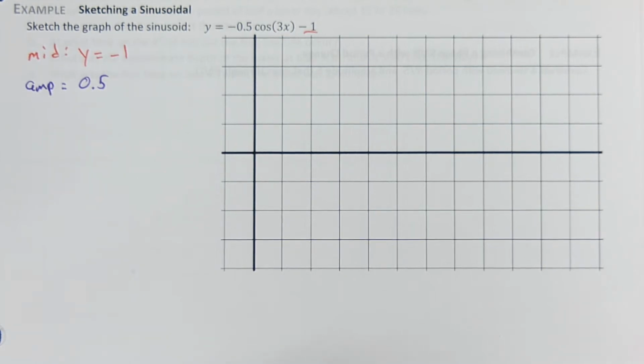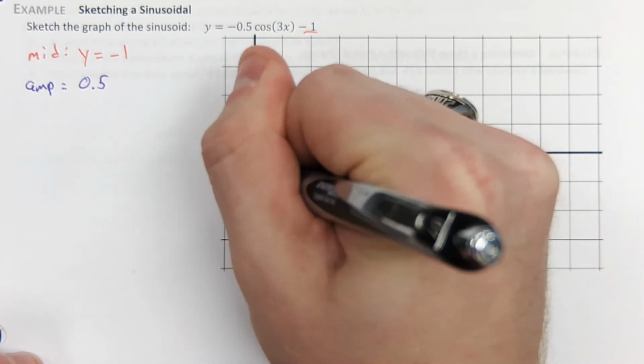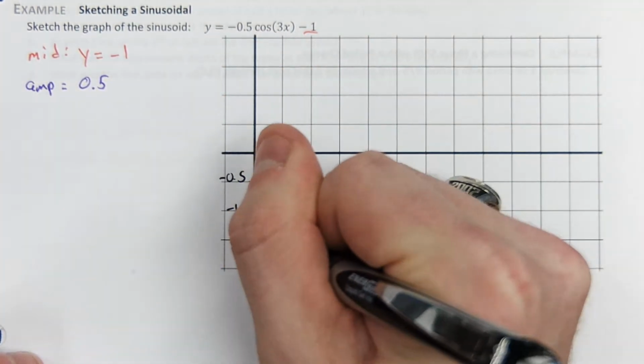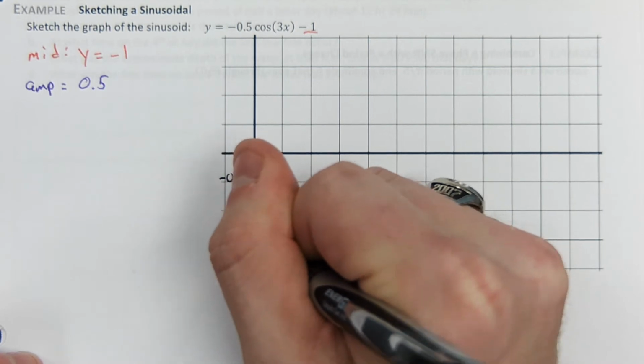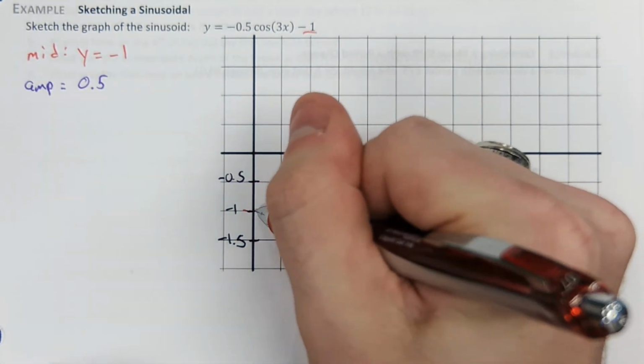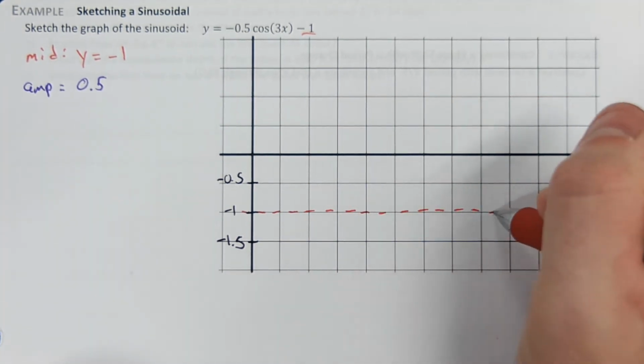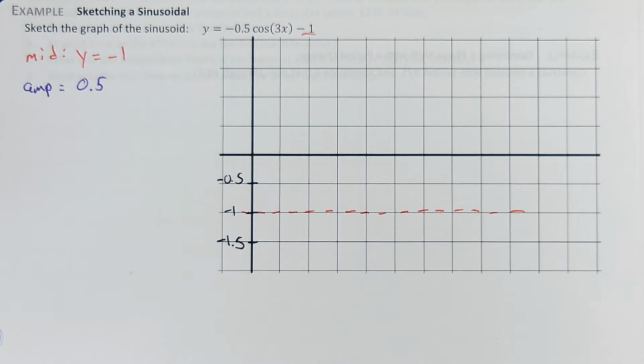So I'm going to have my y scale go by 0.5s. Here's -0.5, here's -1, and -1.5. We can throw our midline on there.